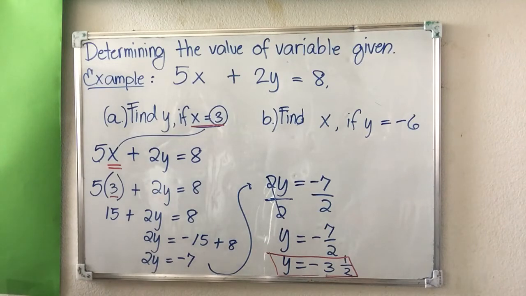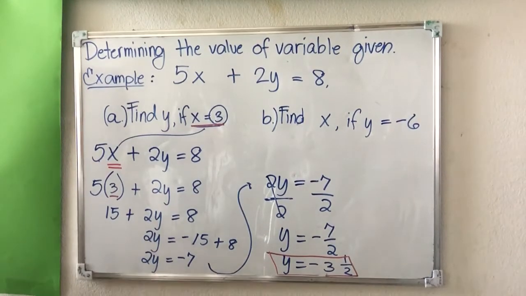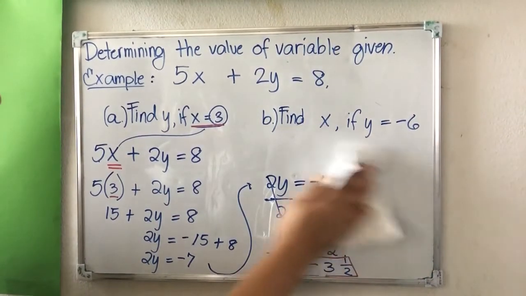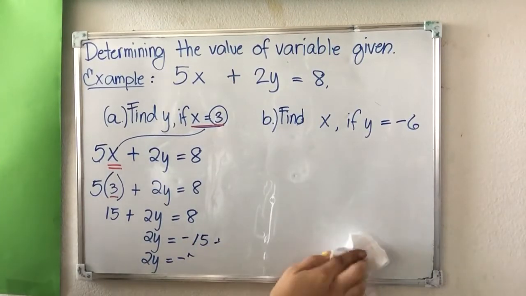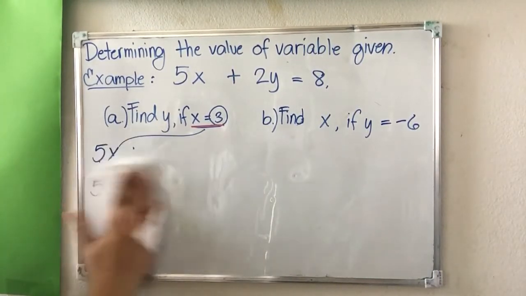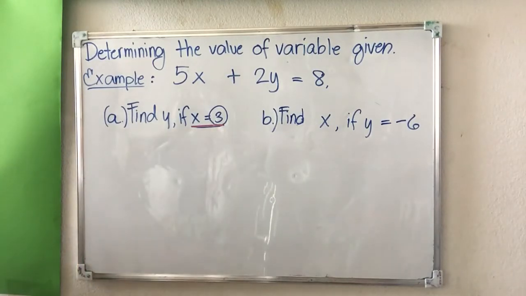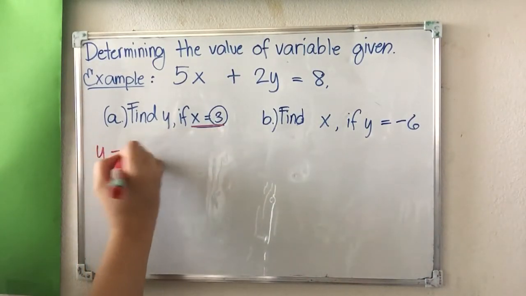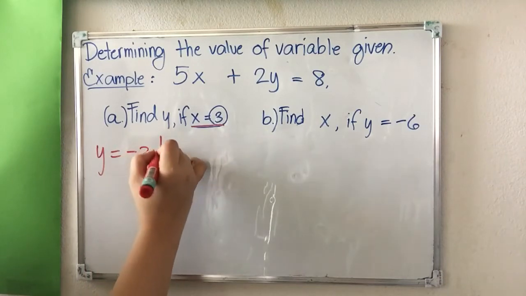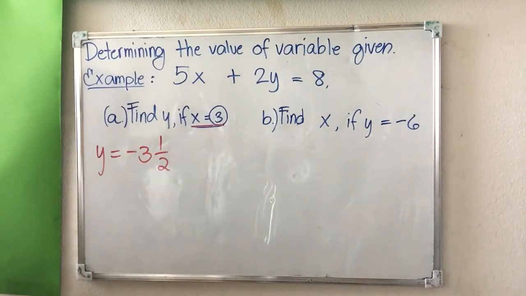So y is equal to negative 3.5. Alright, no question. Okay, so our answer is y is equal to negative 3 1/2.